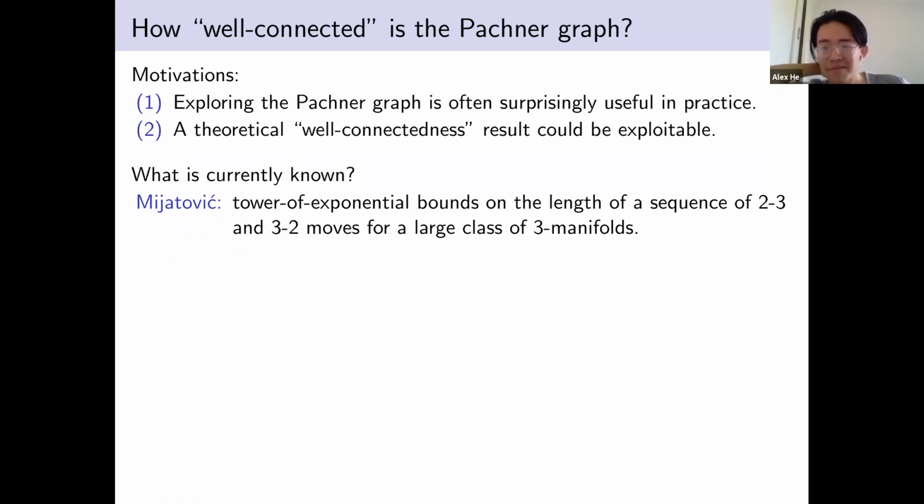These grow incredibly fast. And practical experience, again, suggests that these bounds are far from true. There's no way these are the actual correct or optimal bounds, at least intuitively. But this is the best we have at this point, which is a bit distressing.